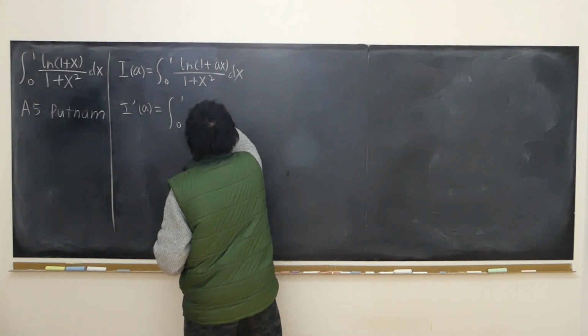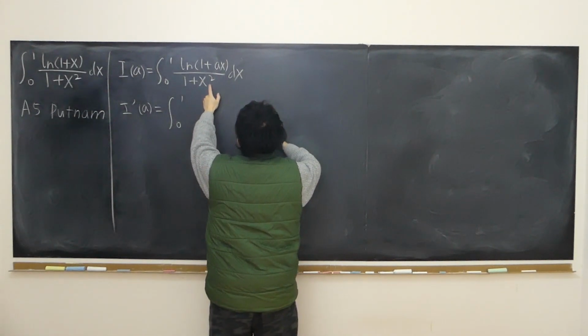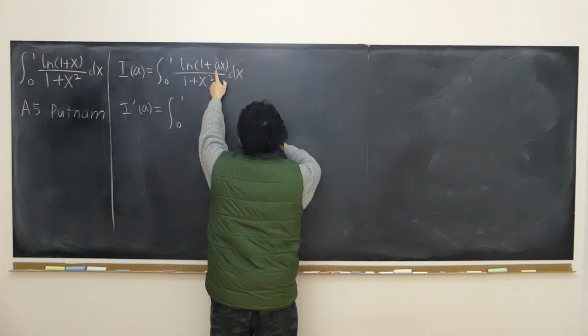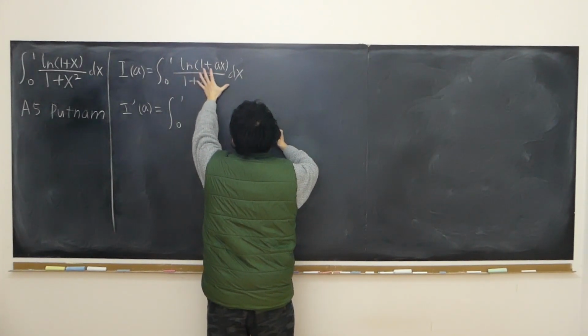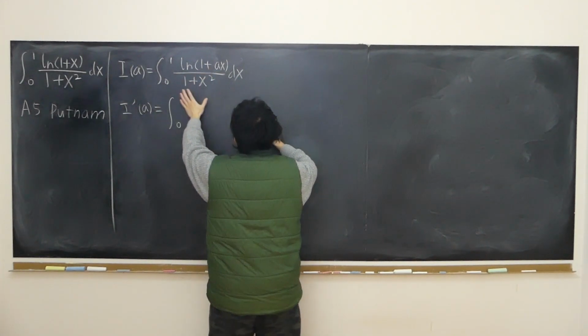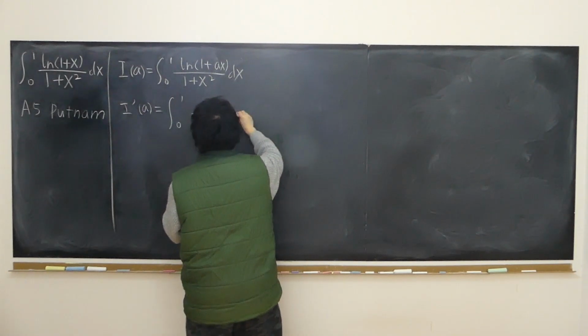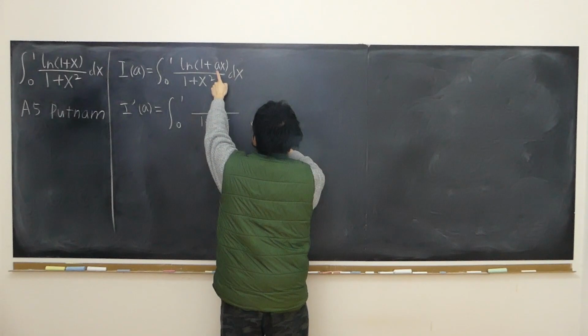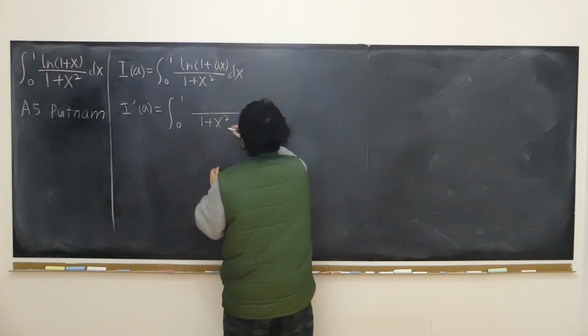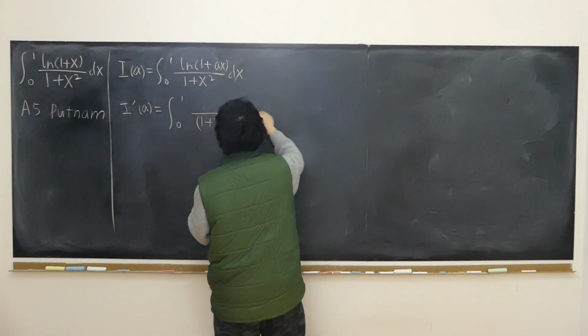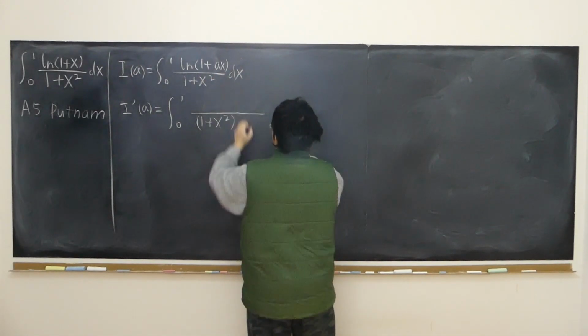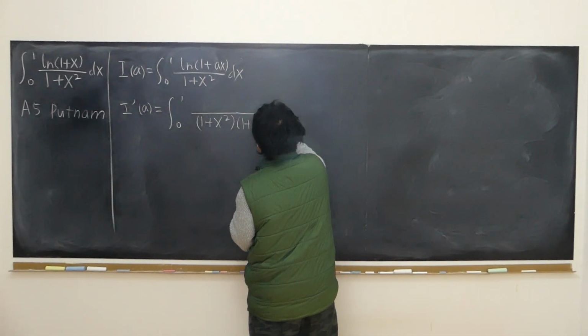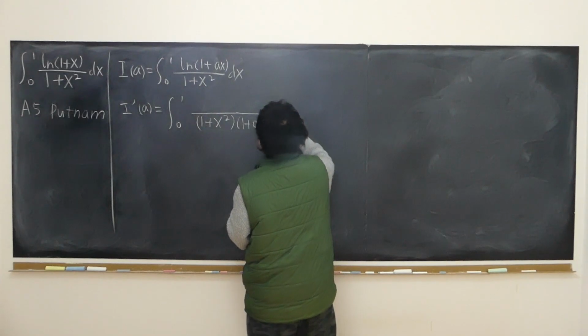So in 1 plus x squared, x is a constant, a is a variable. So here we just keep the constant and differentiate with respect to a. Then we simply multiply, so 1 over this quantity, 1 plus ax is at the bottom.